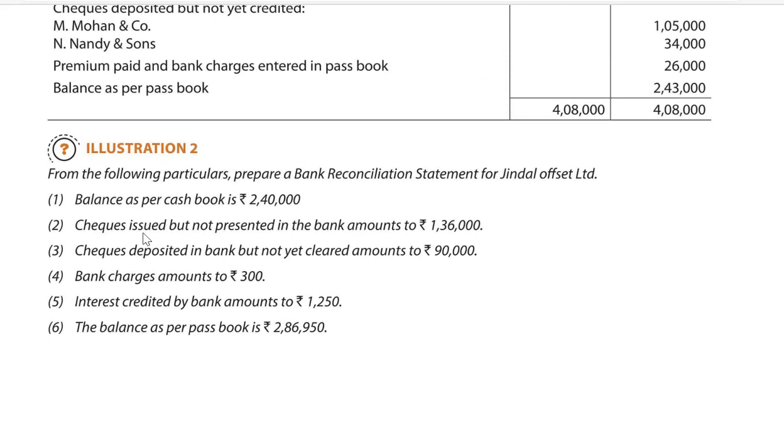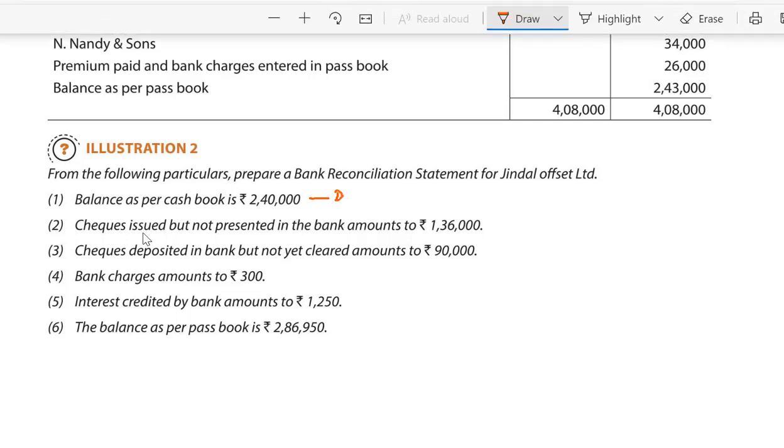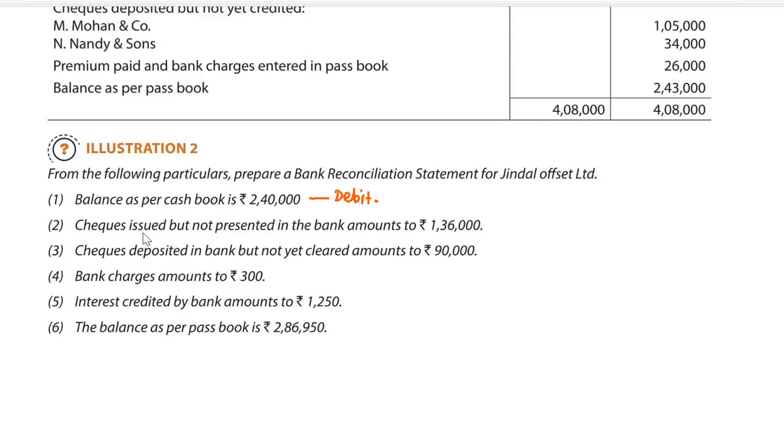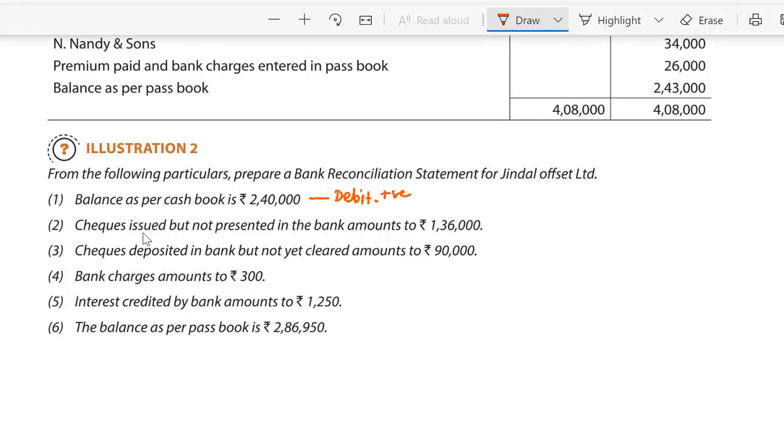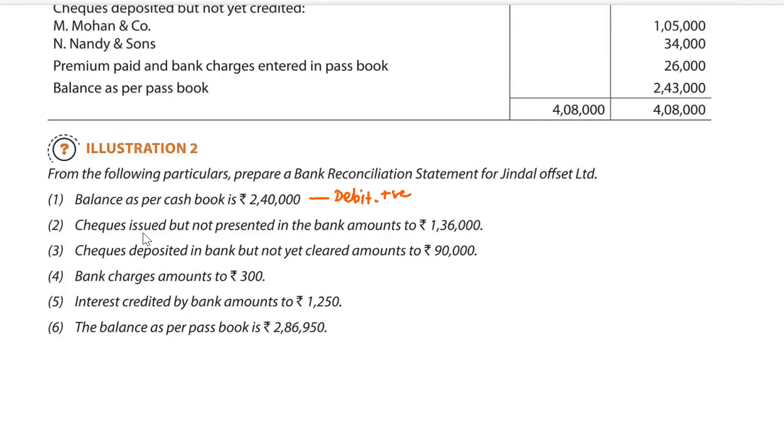Illustration 2. From the following particulars, prepare a bank reconciliation statement for Jindal Offset Limited. First, balance as per cash book. Which balance? Debit balance, because this is a positive balance and a positive balance is debit as per the cash book. We have learned this.